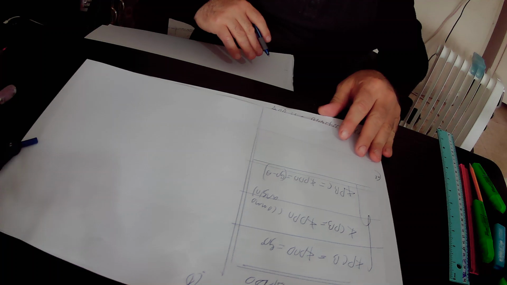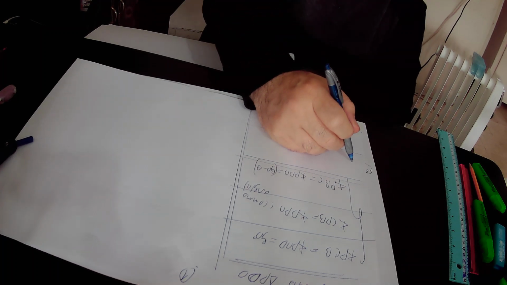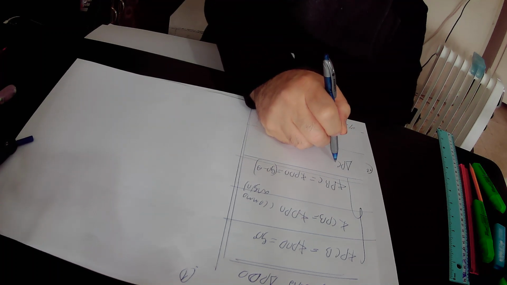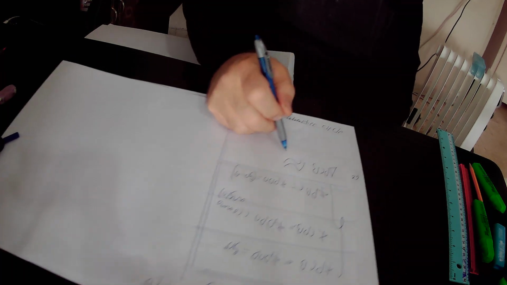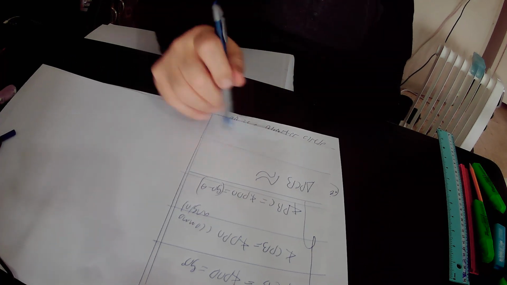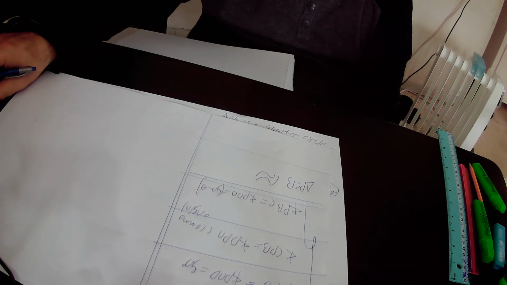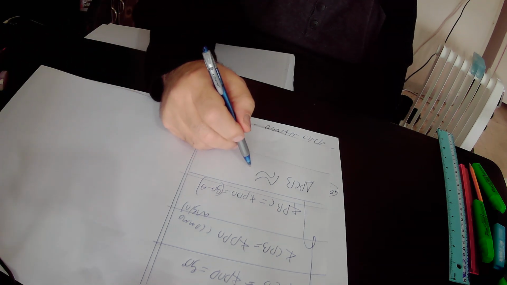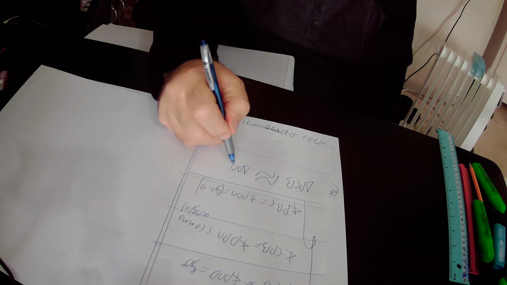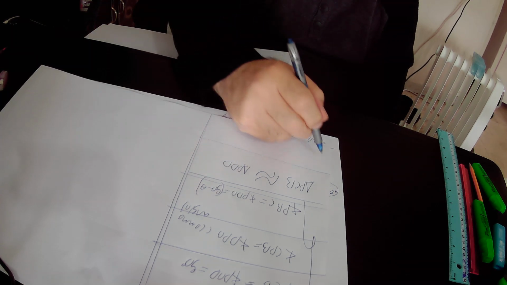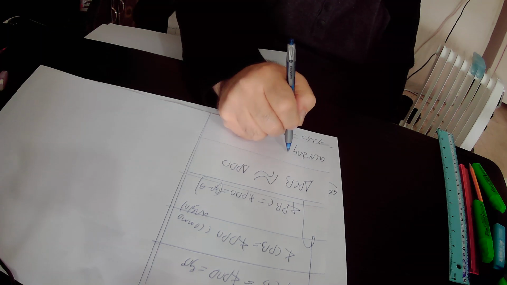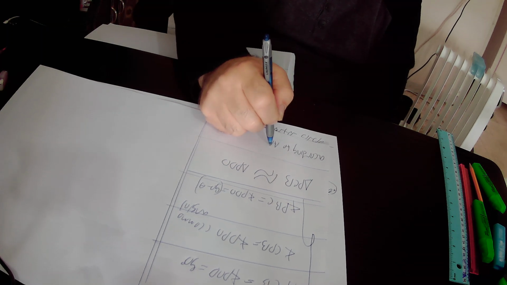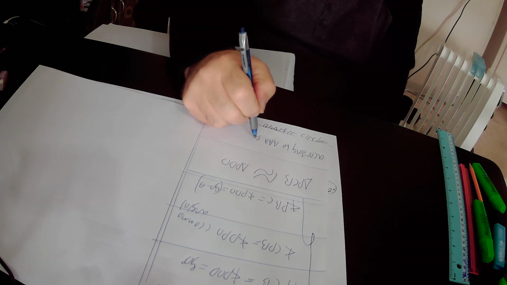The big right triangle PCB is similar, this is the sign of similar, to the small right triangle PDO according to angle similarity rule.